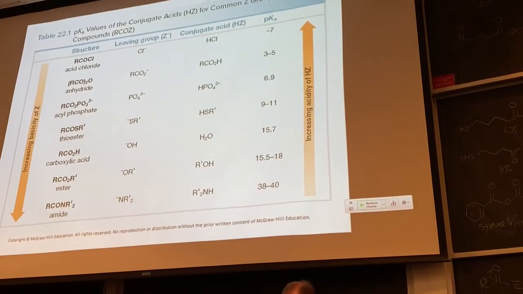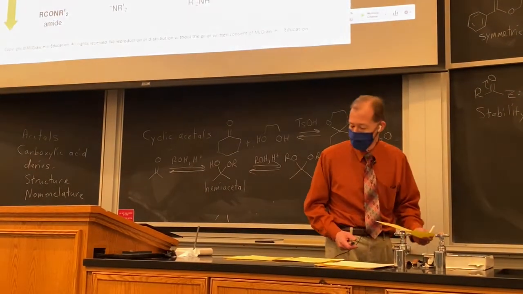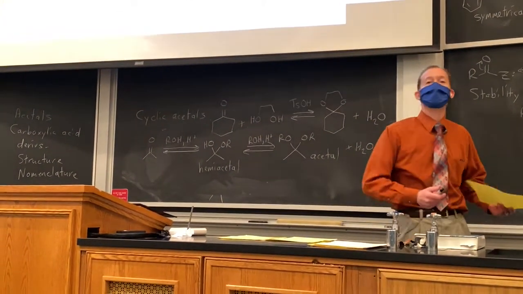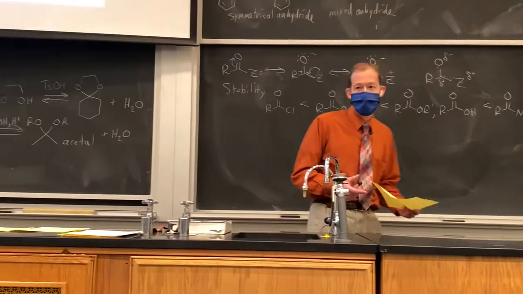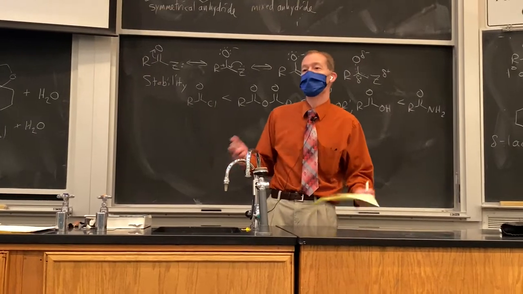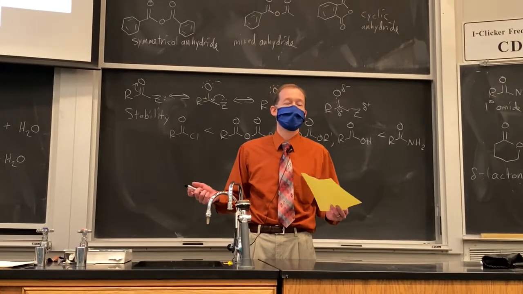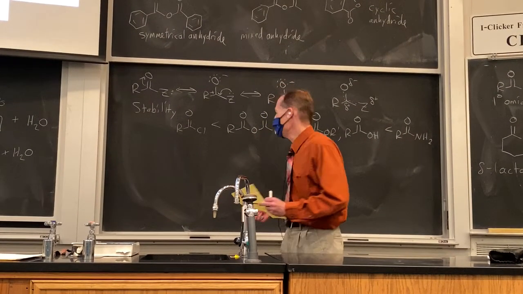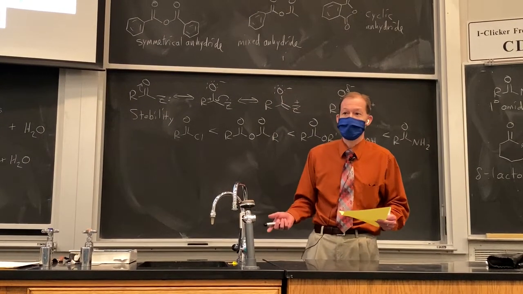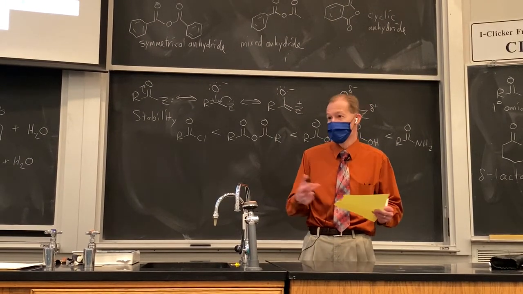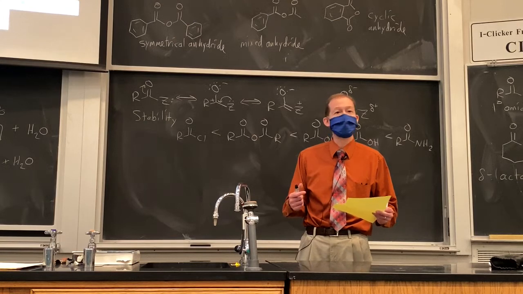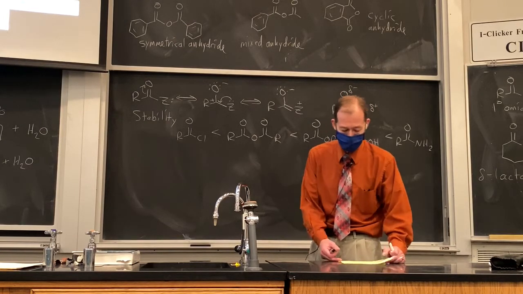All right. Let's talk about our favorite subject of nomenclature. Now, the bad news is we have a whole bunch of types of compounds to learn how to name in this chapter. But the good news is that their names are derived from carboxylic acids. Okay, so we don't have to learn much more because we've already learned nomenclature for carboxylic acids.